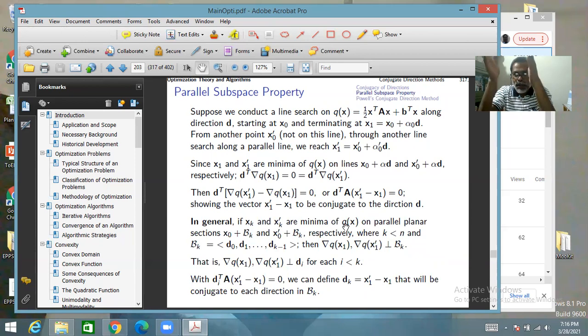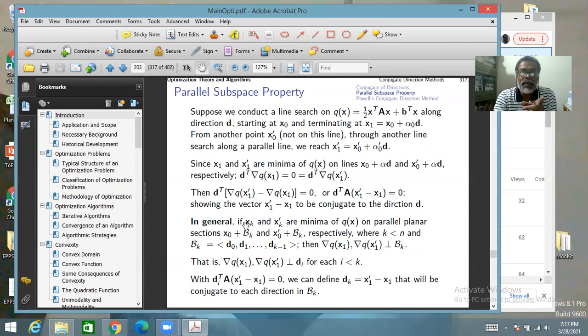Both the parallel subspaces are constructed of k directions, the same k directions. So one planar section can be represented as x0 plus this subspace, the other one is x0 prime plus that same subspace.